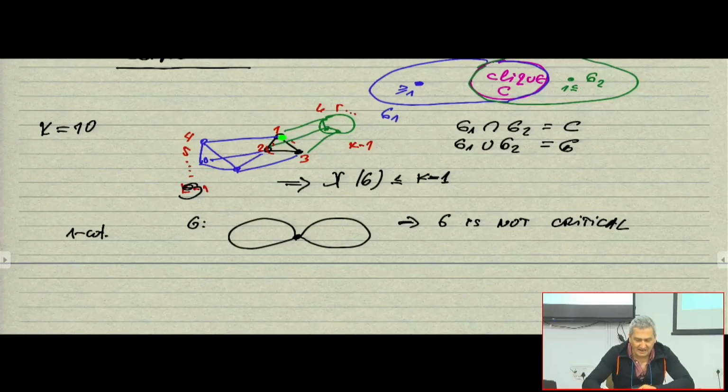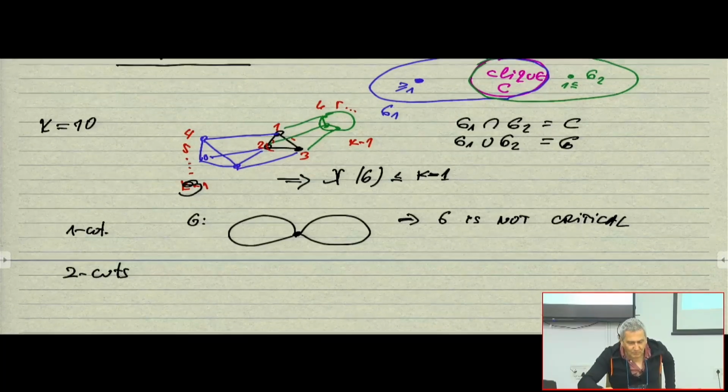I color this graph separately from the other, but the colors on the clique are the same. I do a permutation of the colors. I use here 9 colors, I use here 9 colors, and there is no edge between the parts that disturbs this. I get a coloring of the whole graph. Okay, this is it. We have critical graphs with two cuts.